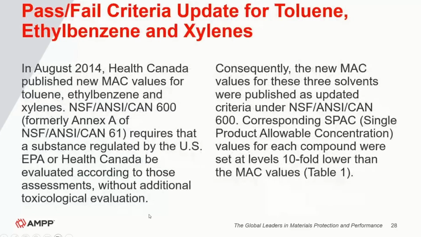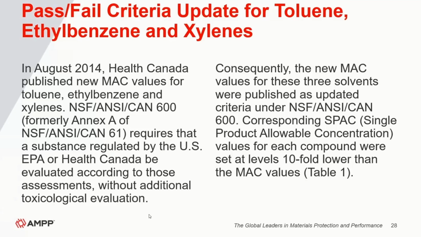So in August 2014, Health Canada published new MAC values, which is maximum allowable concentration, for three solvents: toluene, ethylbenzene, and xylene. CAN 600, formerly Annex A of CAN 61, requires that a substance regulated by the US EPA or Health Canada be evaluated according to those assessments without additional toxicological evaluation.